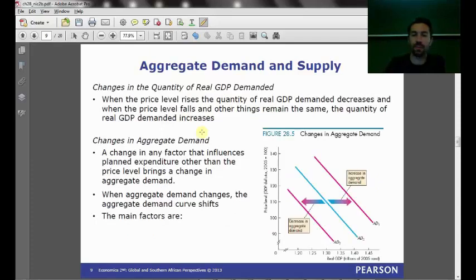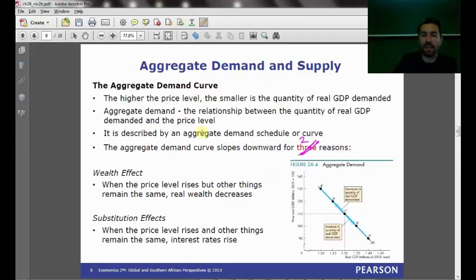Why is that different to what we explained here with the substitution effect? Okay? What matters is why did the interest rate change? If the price level goes up, and because the price level goes up, the interest rate changes, right? Price level goes up, therefore interest rate goes up, therefore investment spending goes down.